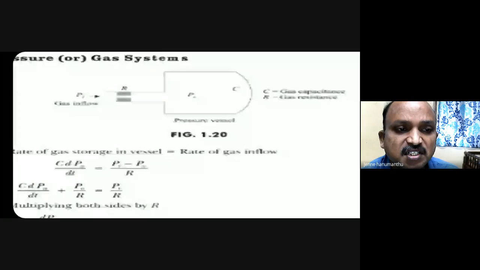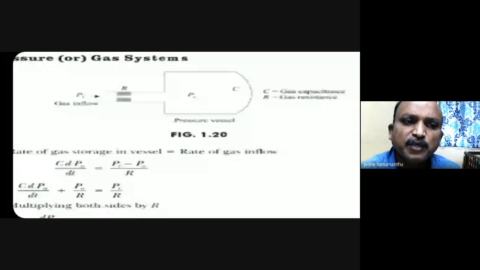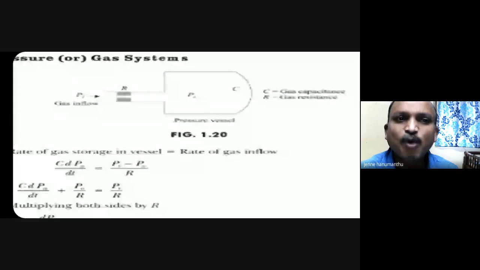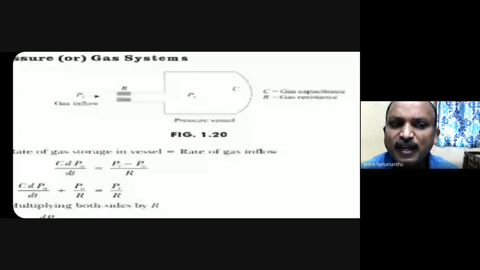This is called restriction, represented by capital R. Capital R represents a small restriction, an opening through which the gas input enters the pressure vessel. A small opening will restrict the gas flow rate.